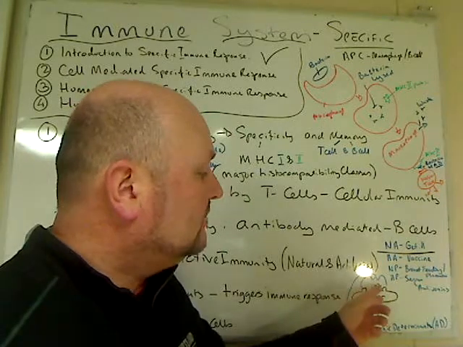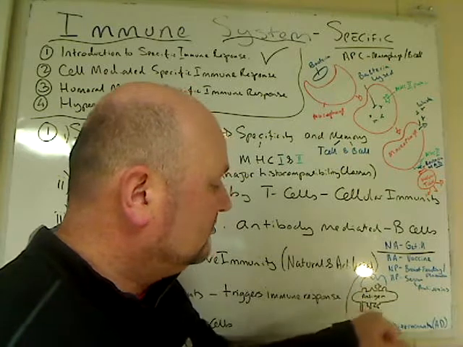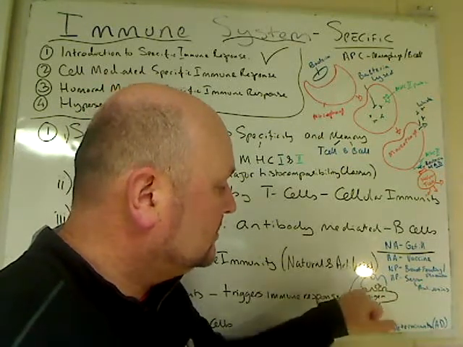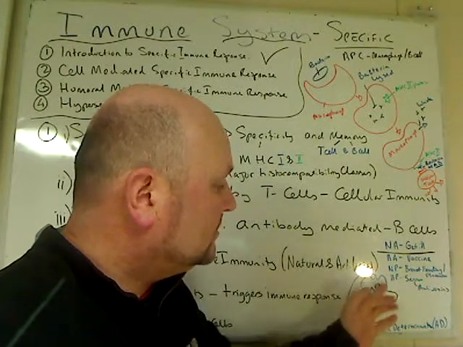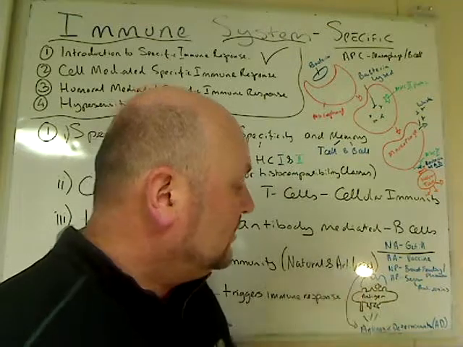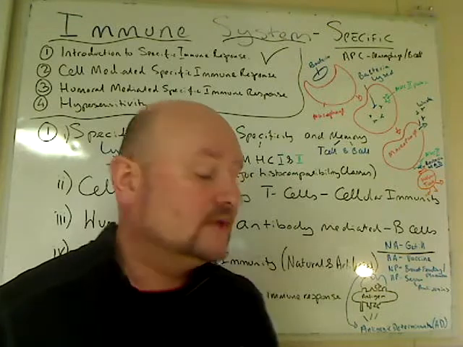So antigens can be all different shapes and sizes on the outside. And so I've drawn 7 possible versions of antigen determinants, because that is what will be broken up and presented to the T cell, or the B cell will actually, through an antibody, attach onto, and I'll explain that a little later.